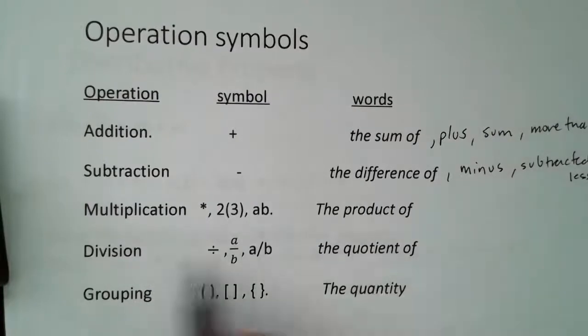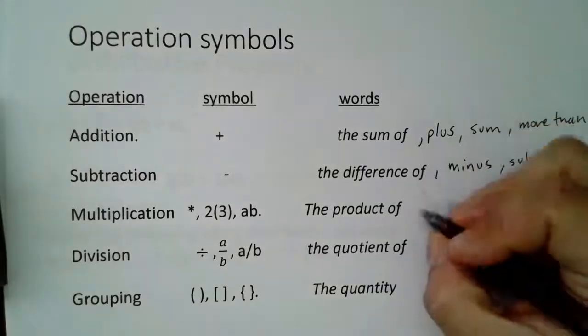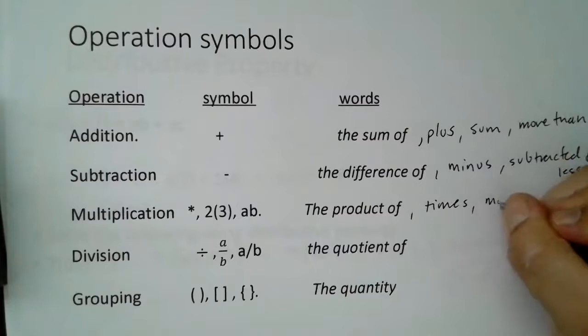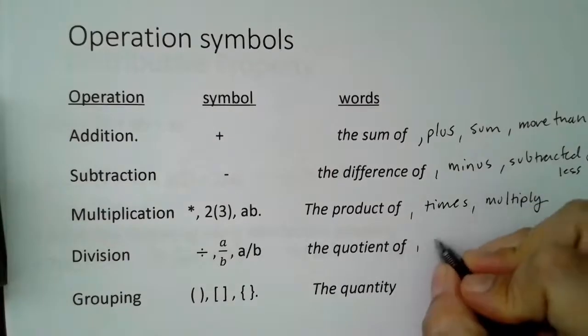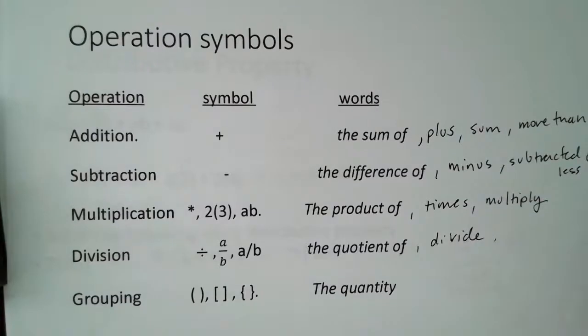For multiplication, the product of, and we also use times or to multiply. The quotient of, we just divide, and the symbols would be the regular division symbol. In a fraction, you're technically dividing the numerator by the denominator, and then this slant one where A is being divided by B.